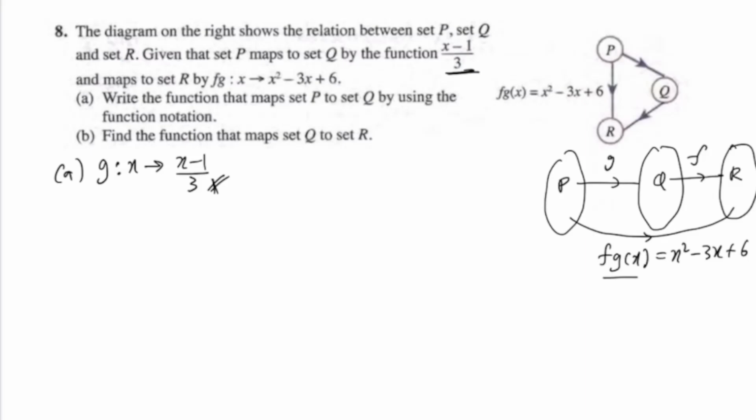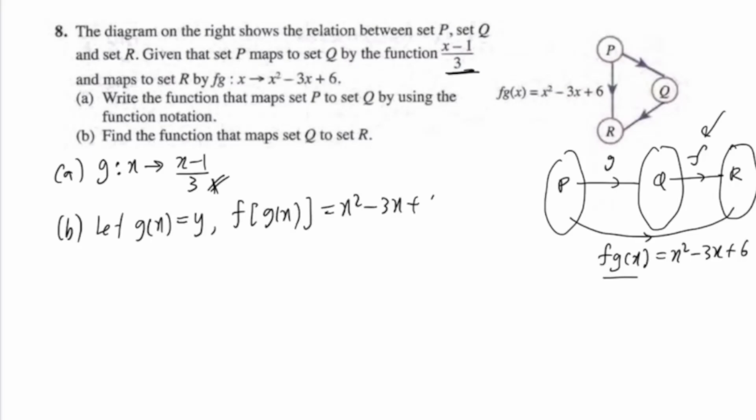Okay, next, find the function that maps q to r. So to find q to r, we know it is function f(x). For question number 7, we've done a number of questions related to this. So we are going to let g(x) become y. Go back to your fg(x). It is x squared minus 3x plus 6. By letting g(x) become y, this is now f(y), and f(y) is x squared minus 3x plus 6.